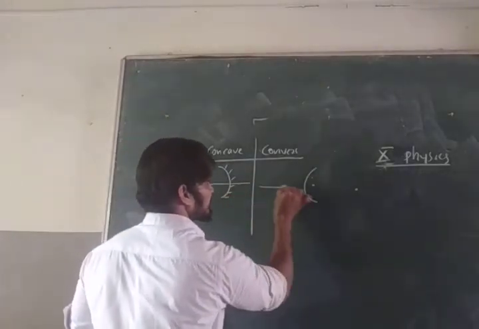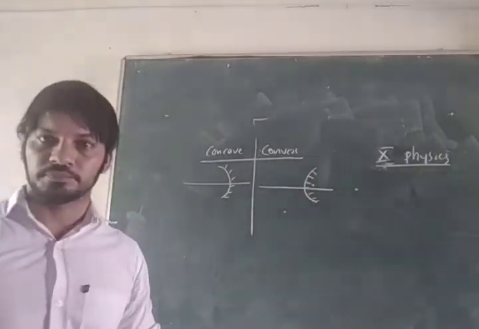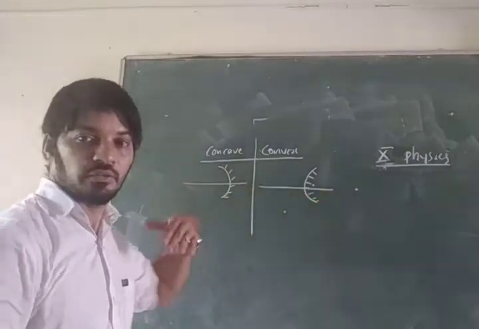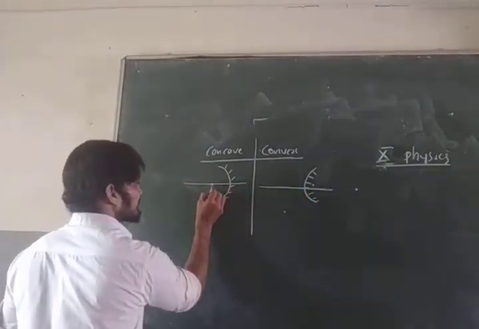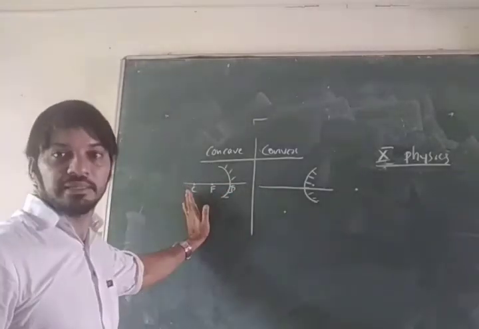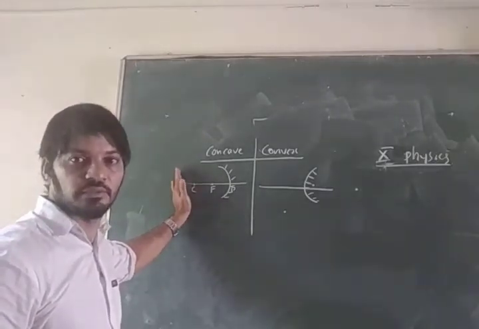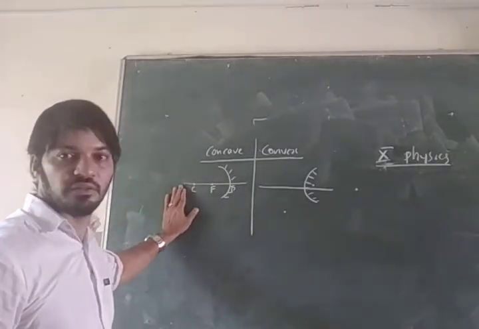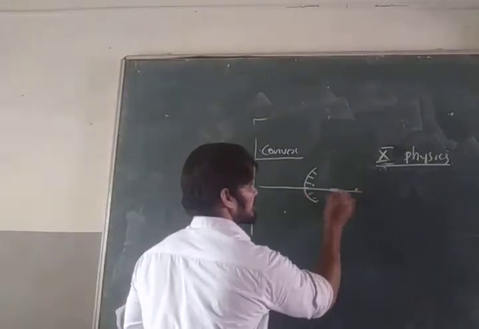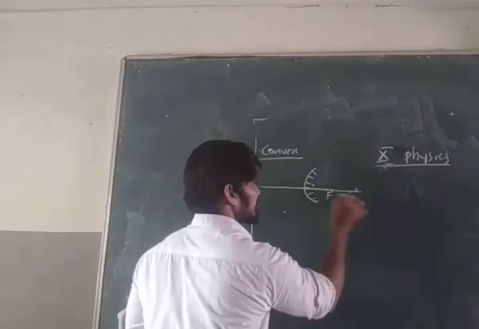This is the convex mirror, and this is the principal axis. In concave, the focus and center of curvature are real, meaning they are on the side where the object is kept. But in convex they are virtual, meaning the focus and center of curvature are inside the mirror.